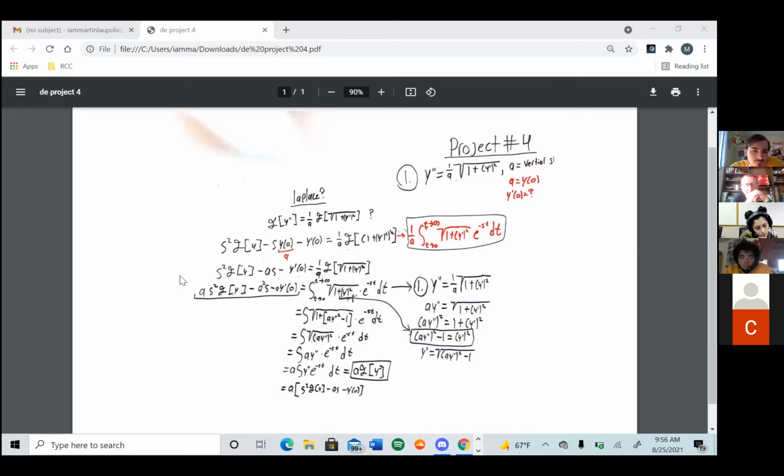So you tried to take the Laplace transform just like it sits, like before doing anything else to it. Oh, he just disappeared. So I'll have to come back.